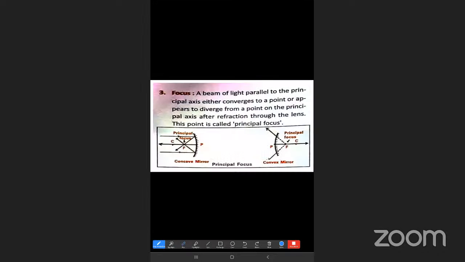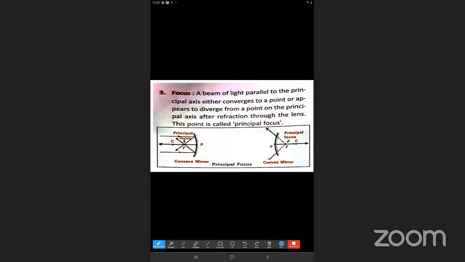And focus. Here, a beam of light parallel to the principal axis, that means incident rays, either converges to a point like this, or appears to diverge from a point on the principal axis after refraction through the lens.